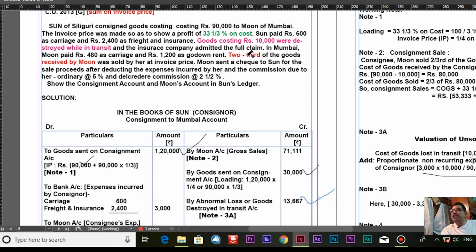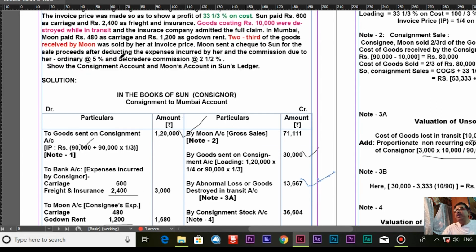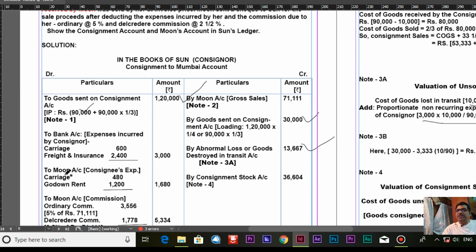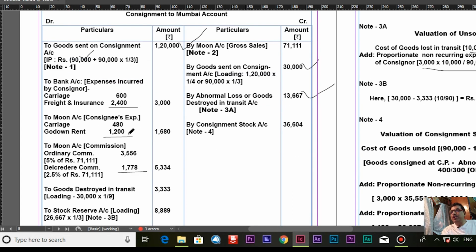Now the next point is in Mumbai, Moon paid rupees 480 as carriage, that is consignee spent rupees 480 as carriage and 1,200 as godown rent. Godown rent is a recurring expense. Mind it. Therefore, to Moon account, that is consignee's expenses, carriage 480 and godown rent 1,200.